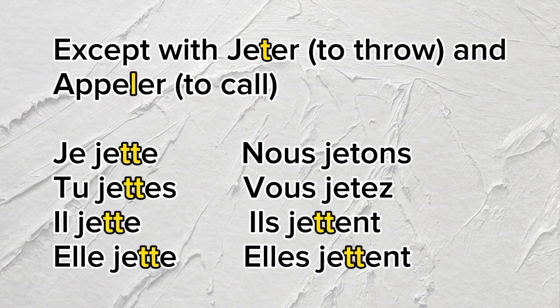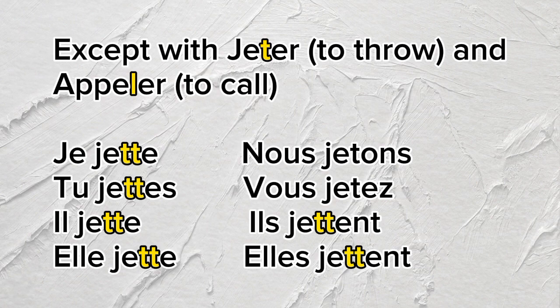Is that okay? But there will be an exception to this rule. Exception with the verbs jeter and appeler. So the last consonant is going to be doubled, except for the nous and the vous. Let's take jeter. Je jette, tu jettes, il jette, nous jetons, vous jetez, il ou elle jette.